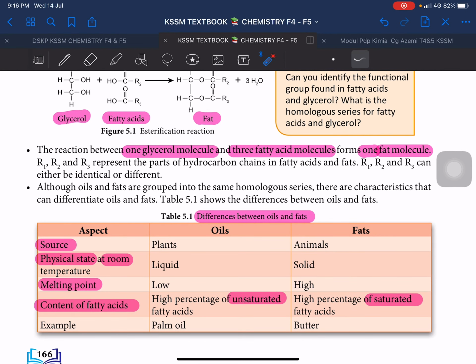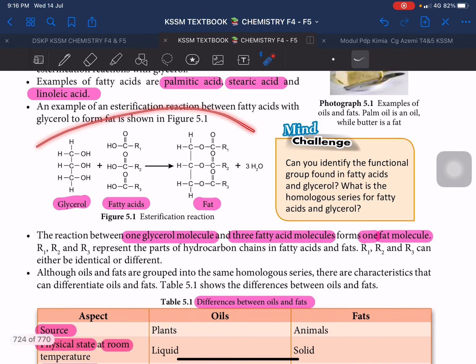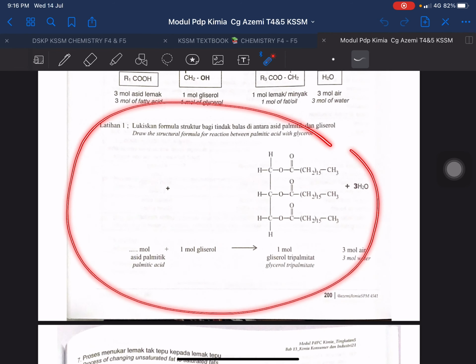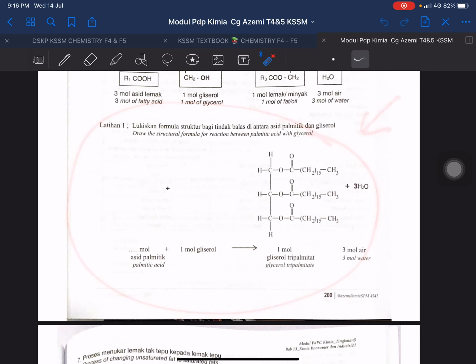Okay? So I hope you understand this one. Later you will need to do one exercise, this one in Cikgu Azmi's book. I hope you understand already how to draw one molecule of glycerol and palmitic acid. The fatty acid is given specifically as palmitic.